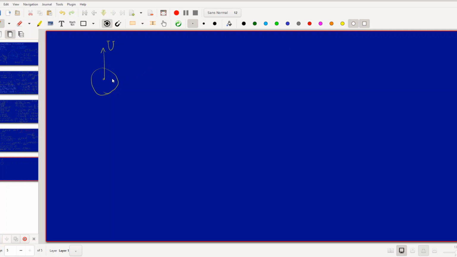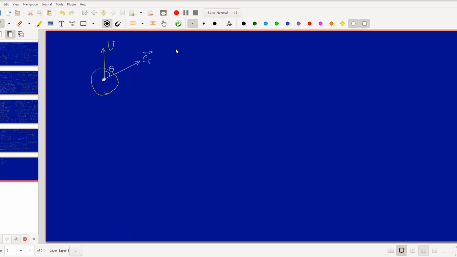So, if this is moving in this direction, it is most useful to us to consider this as er and this as theta, so that the flow becomes symmetric about the streaming axis. So U is also the streaming axis.